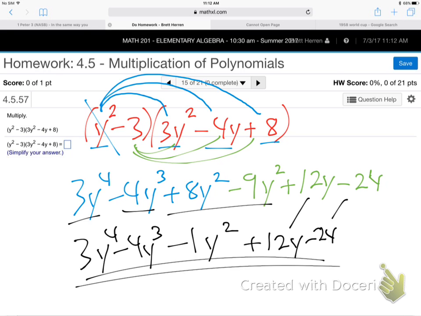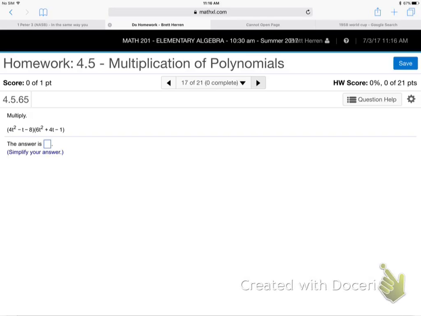Are we good with that? Are there questions I can answer? No problems? All good? All right. And then we're about done with this section. So I'm going to make these x's because my t's look like plus signs.